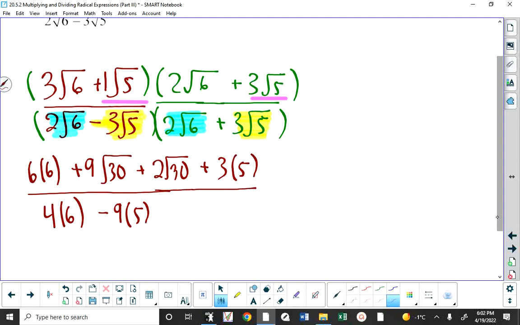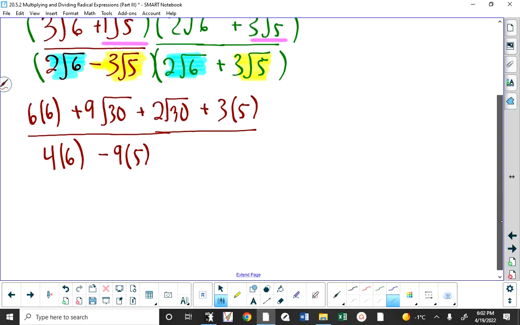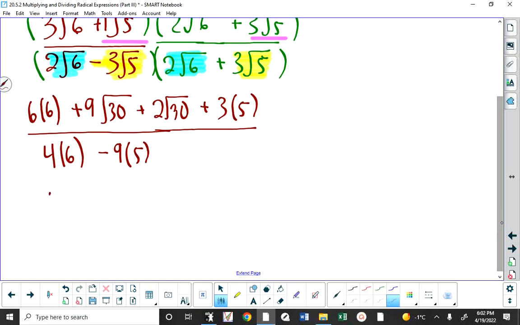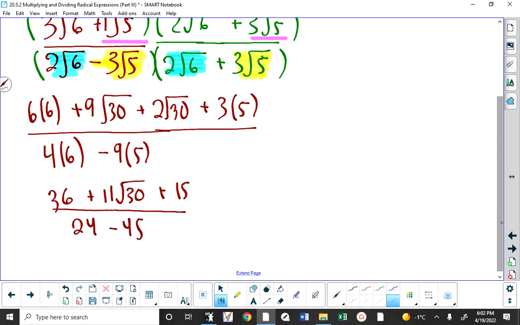So what do I get? On the top, I have 36 plus 11 root 30, and then I have plus 15. On the bottom, I have 24 minus 45, I believe. Let me just double check that. Yep. So what do I get?